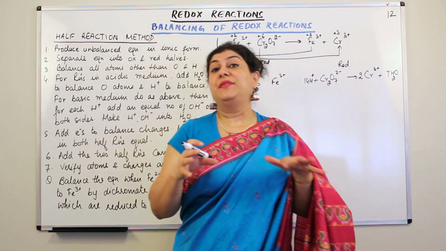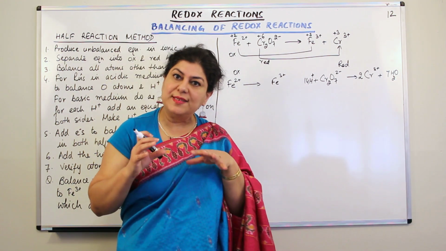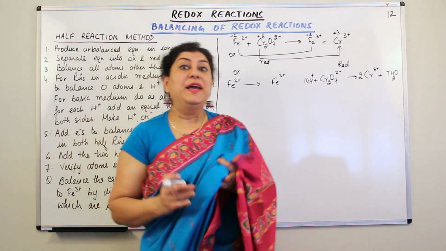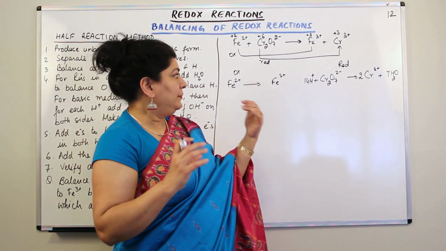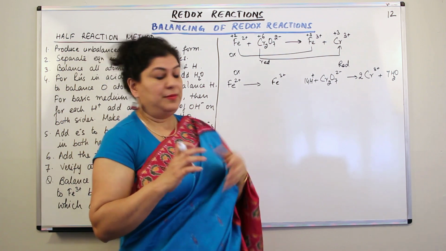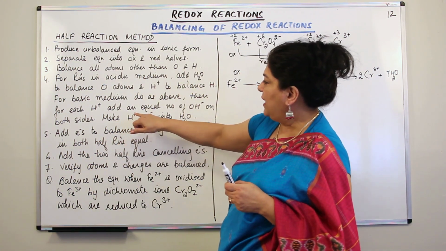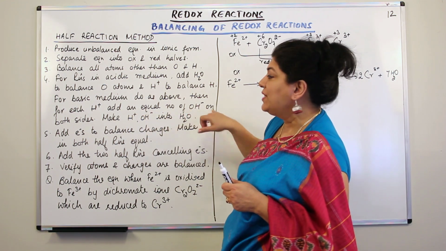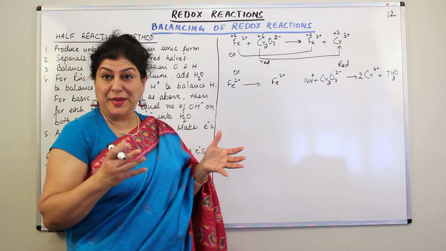If it was a reaction that was taking place in basic medium, the steps till now would have been the same. Only now, whatever is the number of H+ ions, you add an equal number of OH- ions on both sides. What would I have done if it was a basic medium?